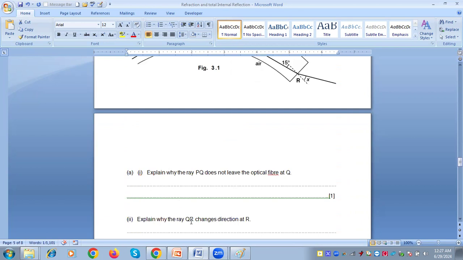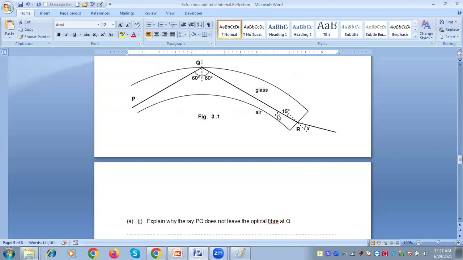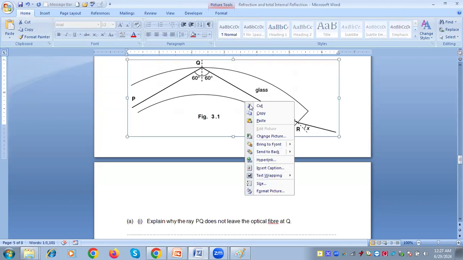Explain why the ray QR changes its direction at R. Because now it is entering from glass to air. Glass to air, so this is bending away from the normal. Okay, let me take this figure.